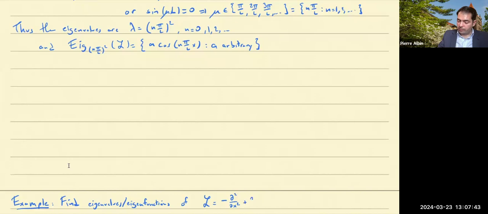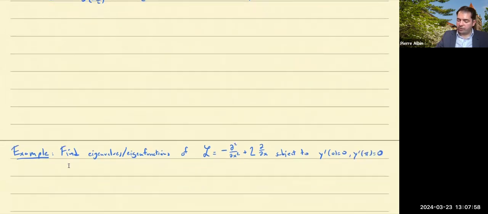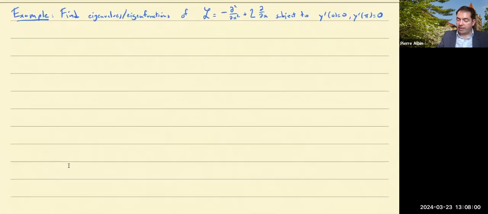But then to mix things up, let's also add 2 times the first derivative. Right? And subject to, let's take y prime of 0 equal to 0, and y prime of pi equal to 0. So here, instead of having an arbitrary endpoint L, I'm going to go ahead and choose that L to be pi.